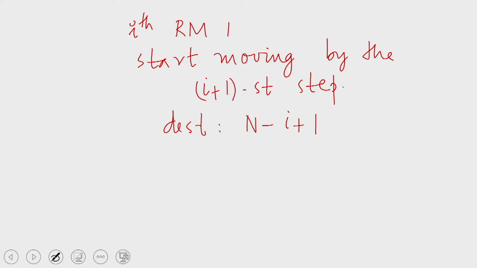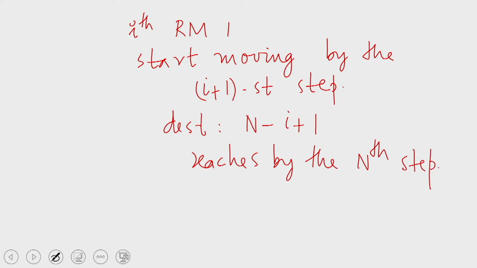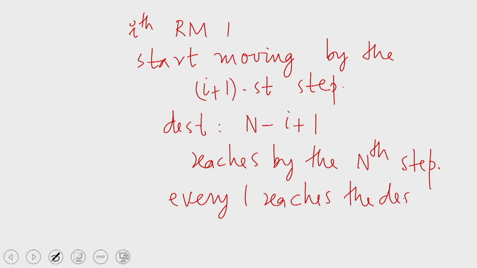Therefore, the ith rightmost one reaches the destination by the nth step. So, what we have established is that every one reaches the destination by the nth step.